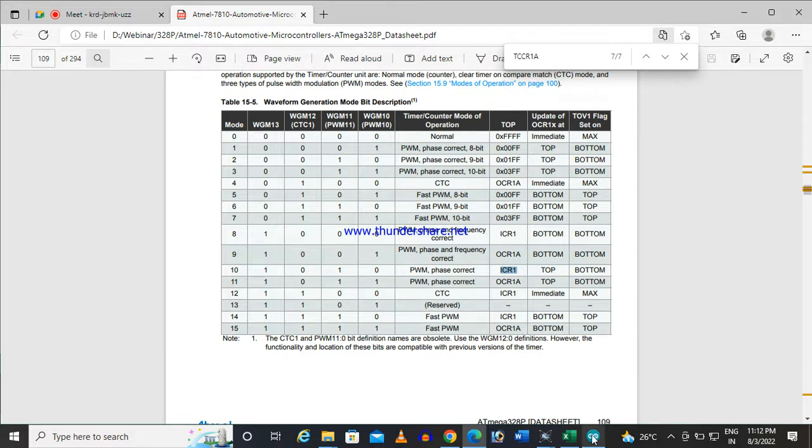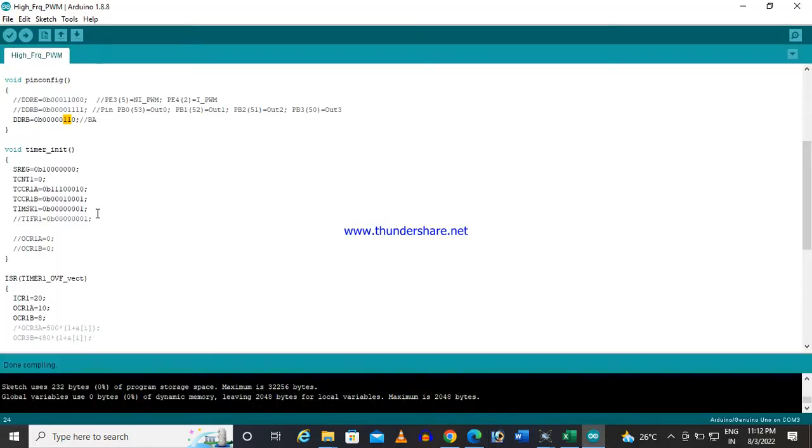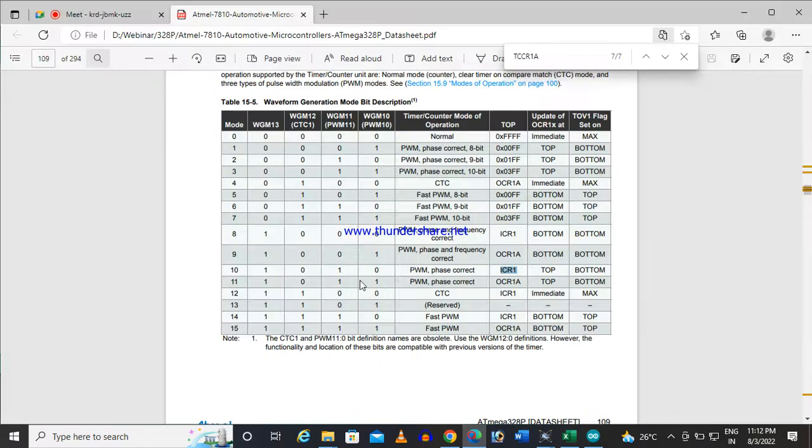In TCCR1A, bit 1 and bit 0 are 10, and bit 4 and bit 3 are also 10, which confirms waveform generation mode number 10.